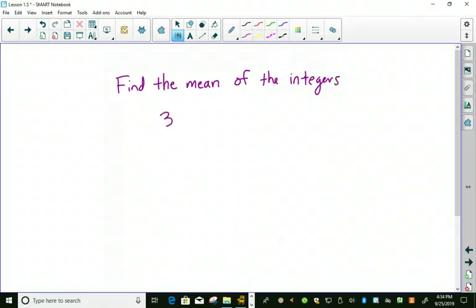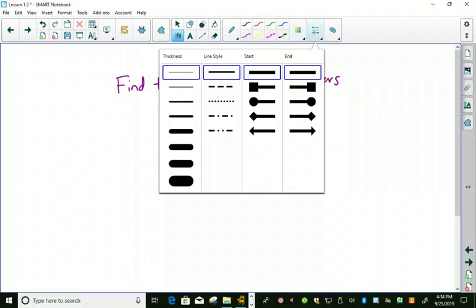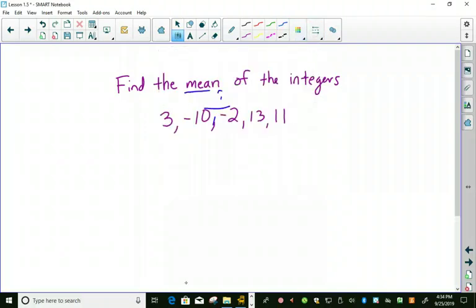We have 3, negative 10, negative 2, 13, and 11. Okay? Important word here that you need to understand is we are finding the mean.